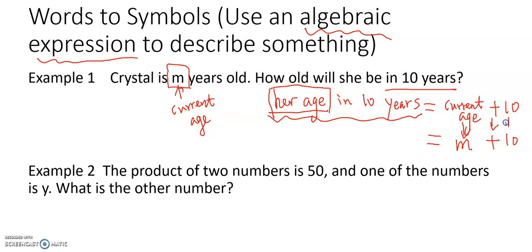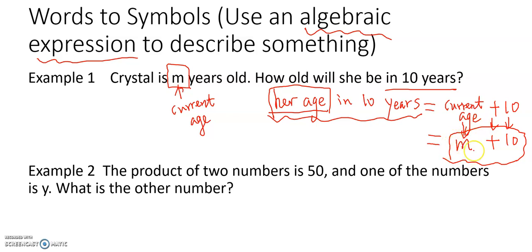Copy that. And notice, this is the answer. What's her age in 10 years? You just say her age will be m plus 10. So she will be m plus 10 years old. And this is pretty much the same as what we wrote down, current age plus 10, except we don't want to use English words like current age or even age.